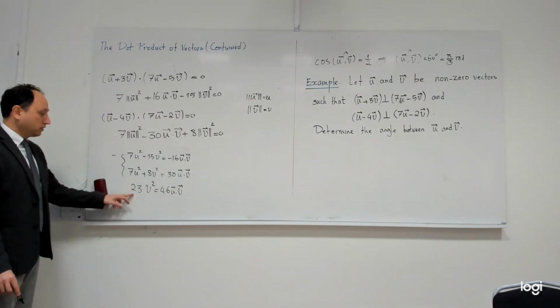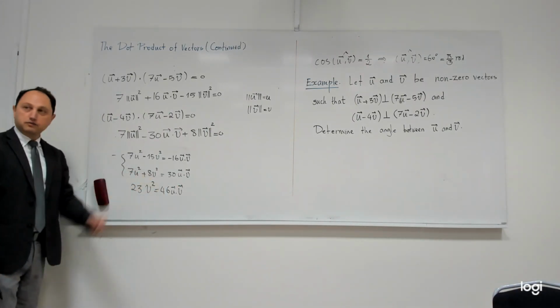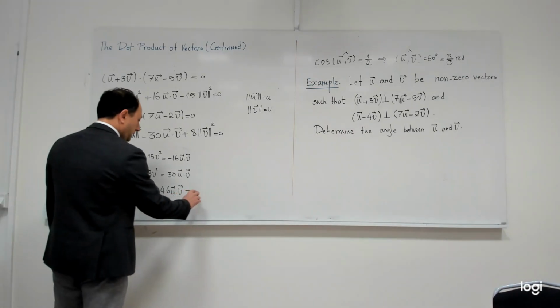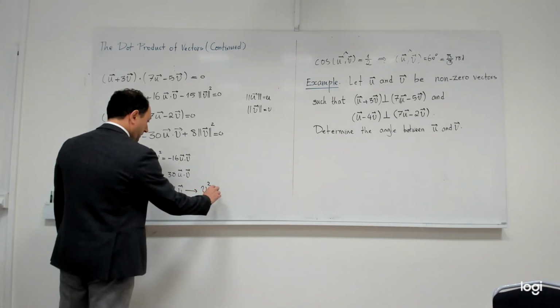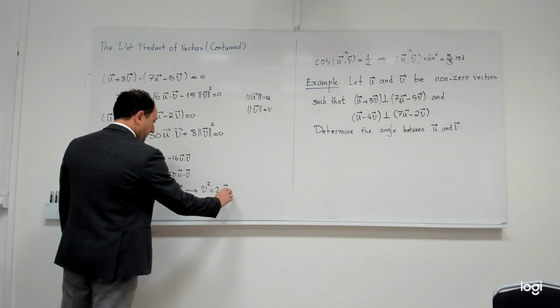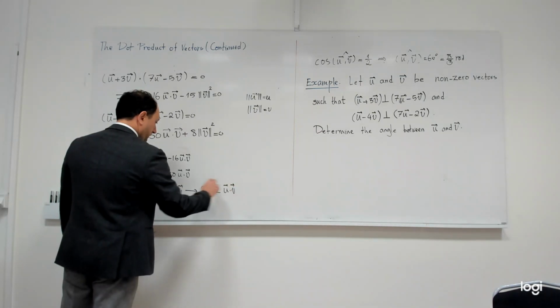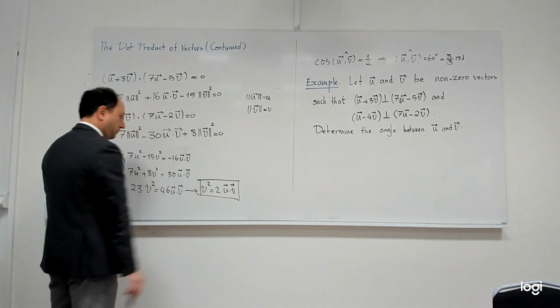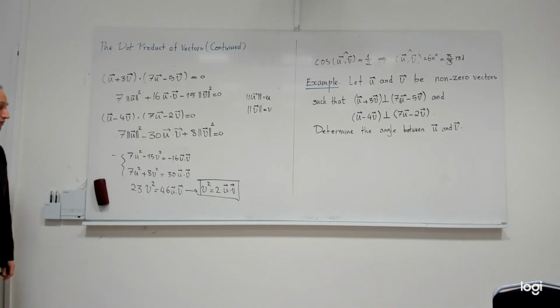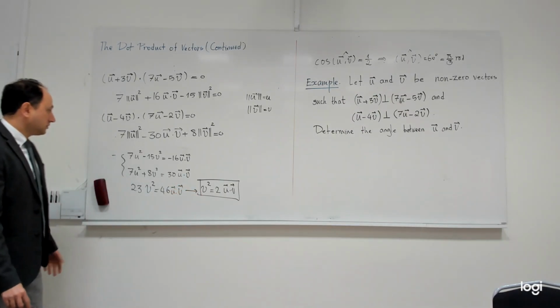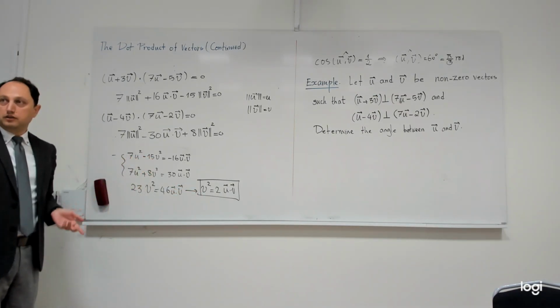And then what was my goal? My goal is to find v squared, so I divide by 23. So then I get a relation. Okay, and now that I know v squared, I put it in one of them to find the other one.